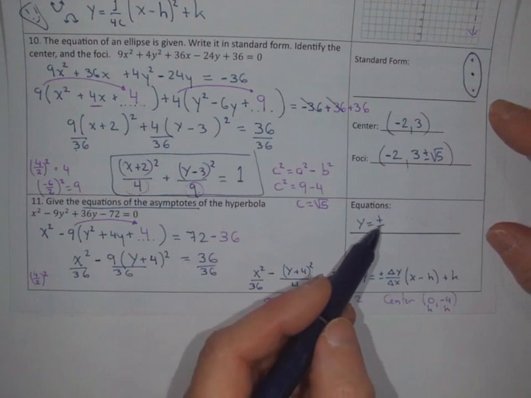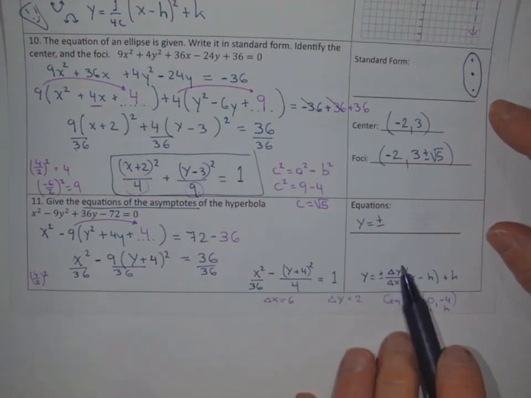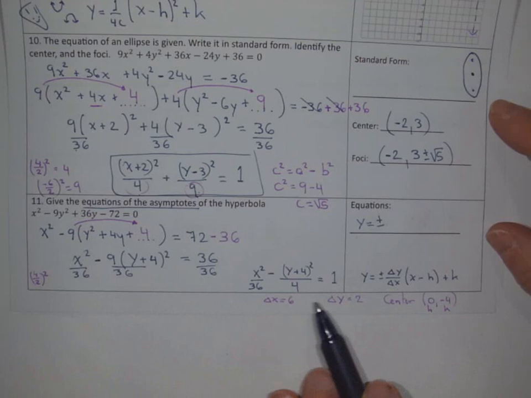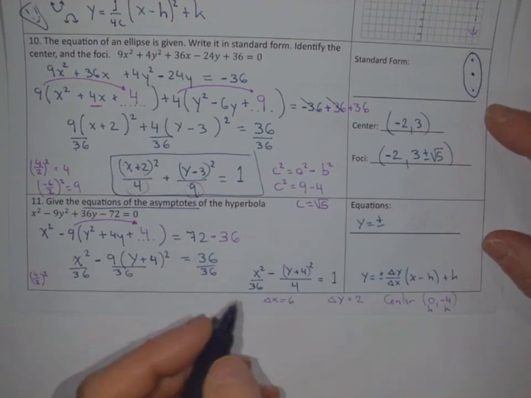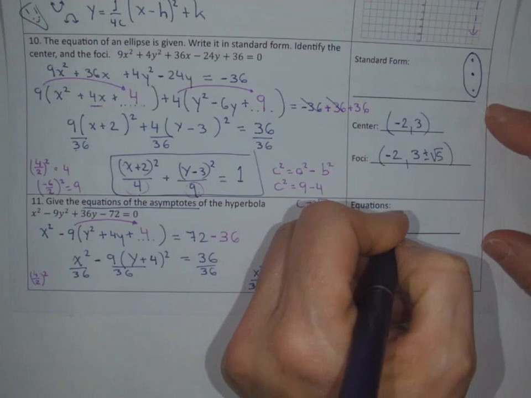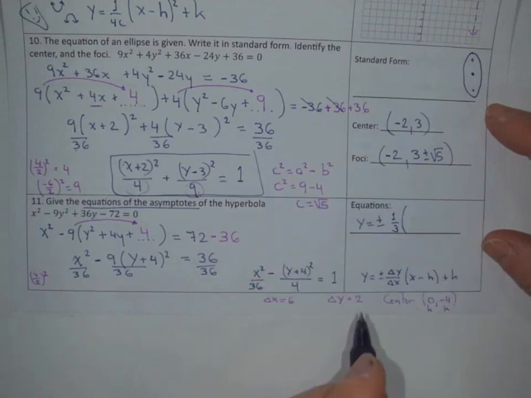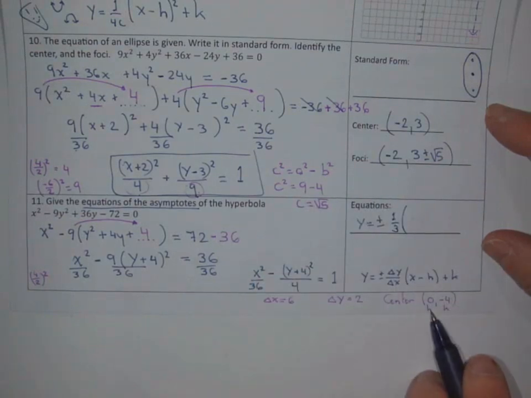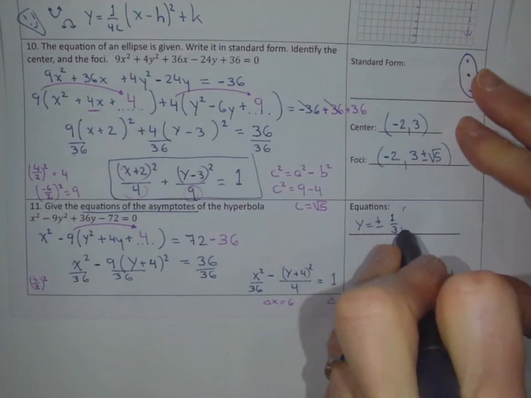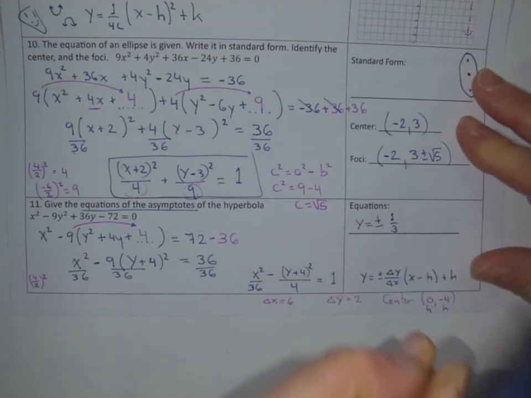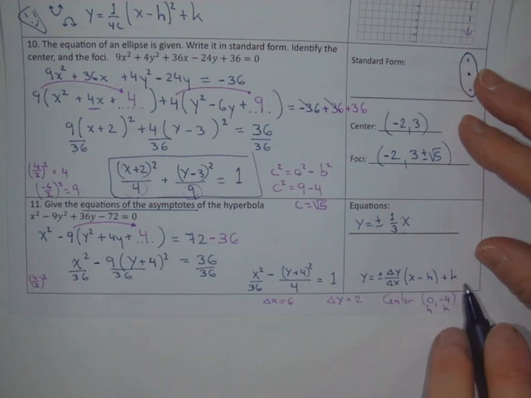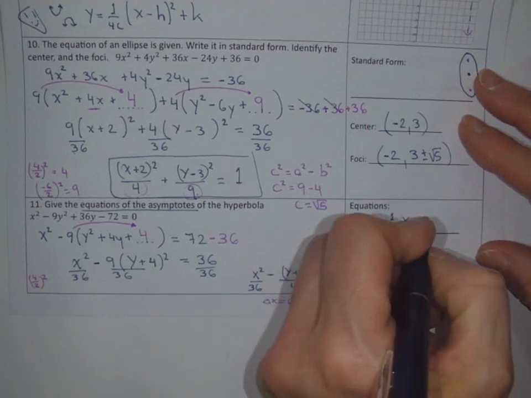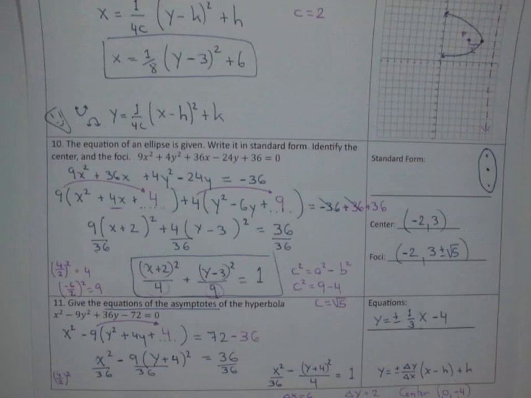So one slope positive, one slope negative. And now let's put the slopes down. Delta y over delta x. So 2 over 6. Can we simplify? 2 over 6 will be 1/3, right? So 1/3. And then x minus h, h being 0, I really don't even need that parenthesis because x minus 0 is just x. And then plus k, and that's a -4, so -4.